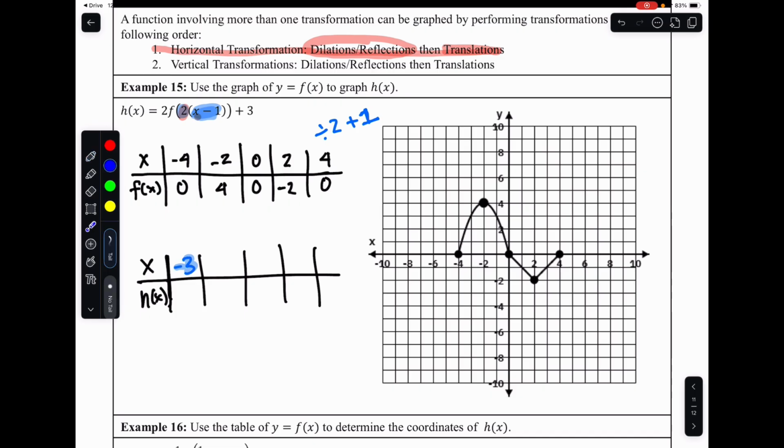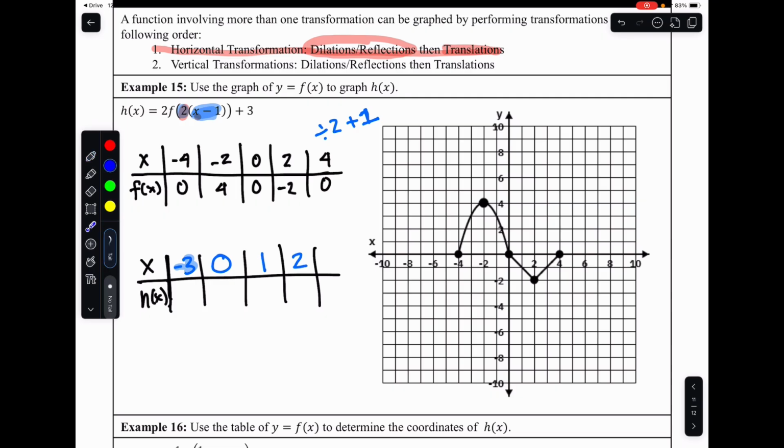We're now going to do the same thing with -2. -2 divided by 2 is -1, and -1 plus 1 is 0. 0 divided by 2 is 0, plus 1 is 1. 2 divided by 2 is 1, and 1 plus 1 is 2.